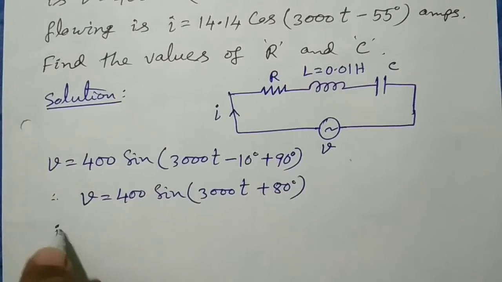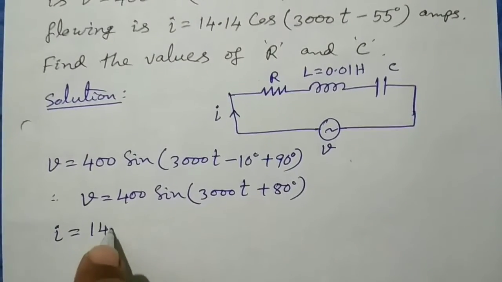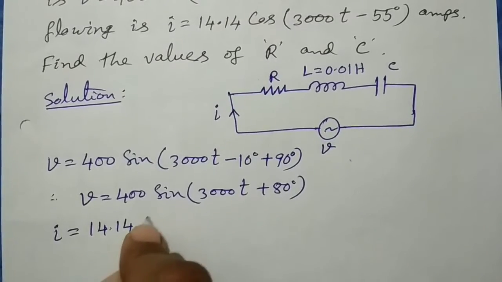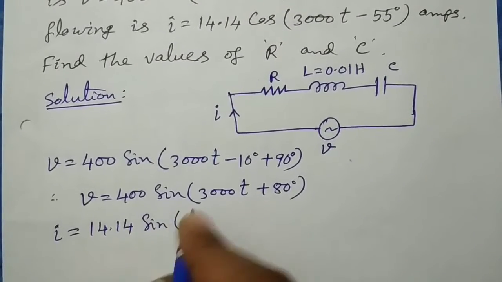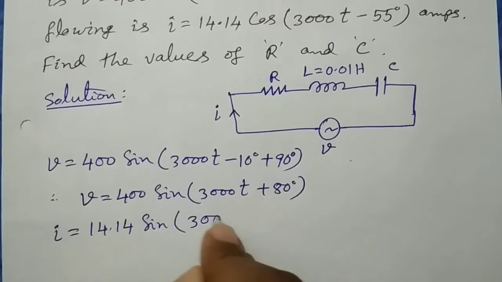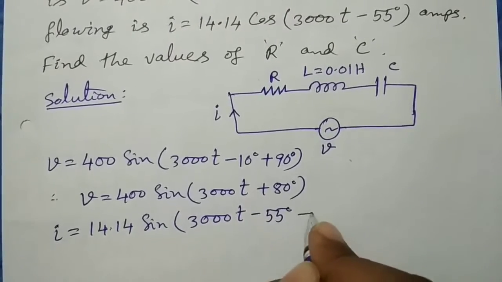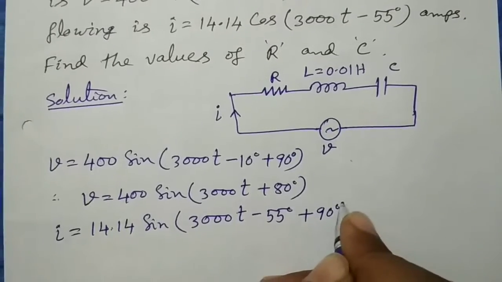Similarly, the current is given as 14.14 cos(3000t minus 55 degree). When you change it to sine, it will be 3000t minus 55 degree plus 90 degree.